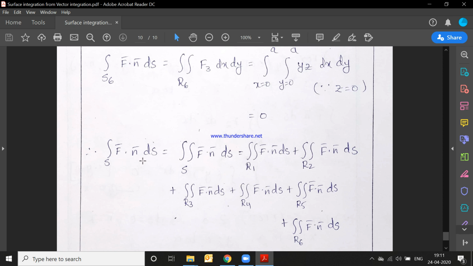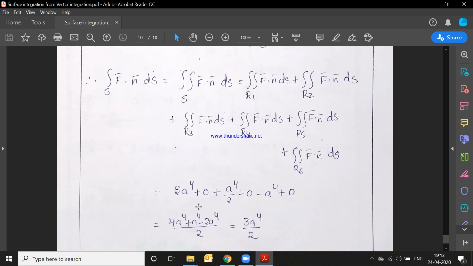Integral over S of f bar dot n bar ds is equal to the double integral over R1 of f bar dot n bar ds plus the double integral over R2 of f bar dot n bar ds plus the double integral over R3 plus the double integral over R4 plus the double integral over R5 plus the double integral over R6 of f bar dot n bar ds.